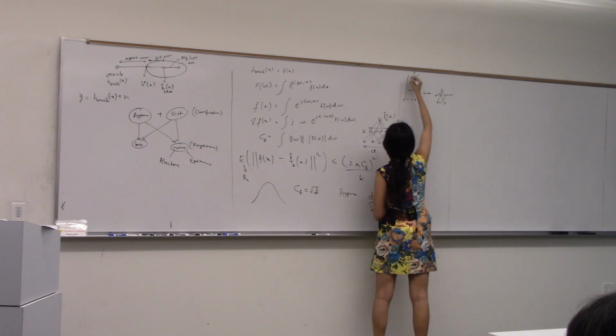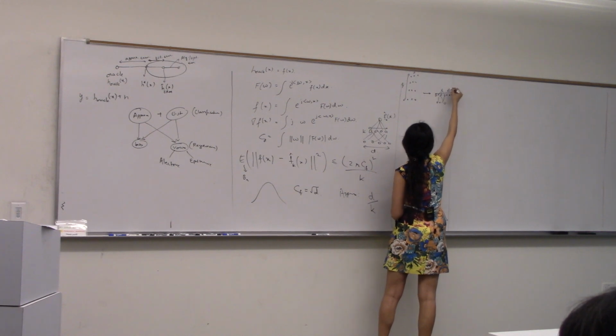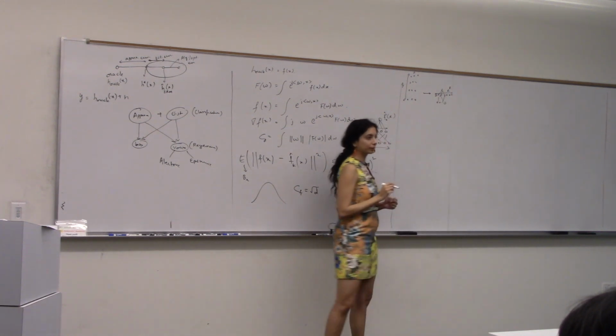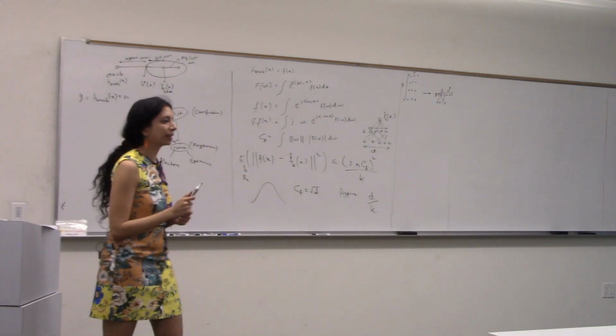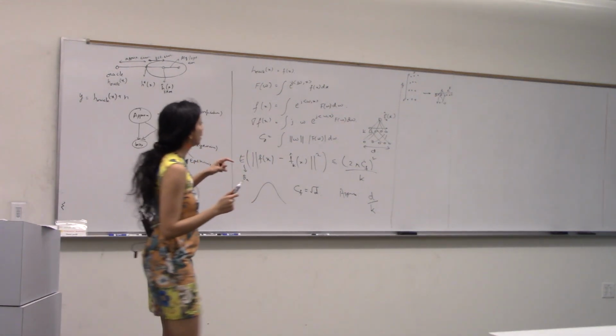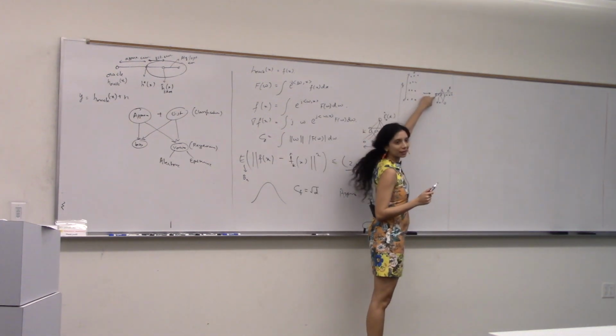So if I have L layers, this would be exponential in L. I can always represent it that way, because all I need to do is look at the composition of all these units here and put that here.